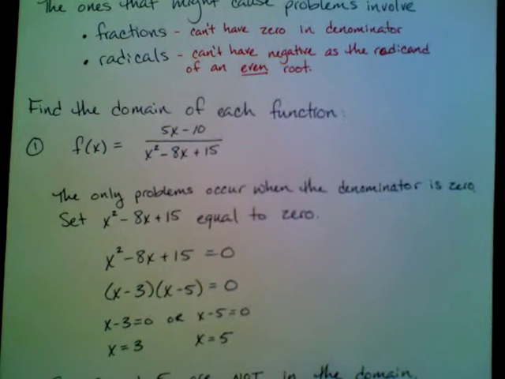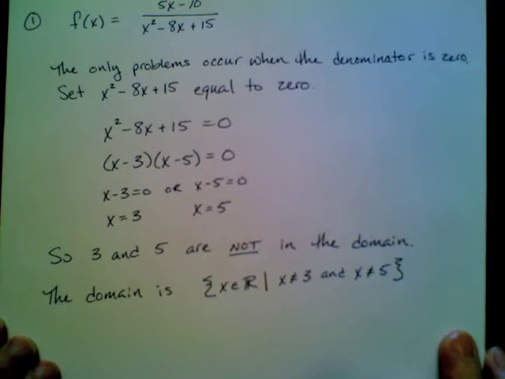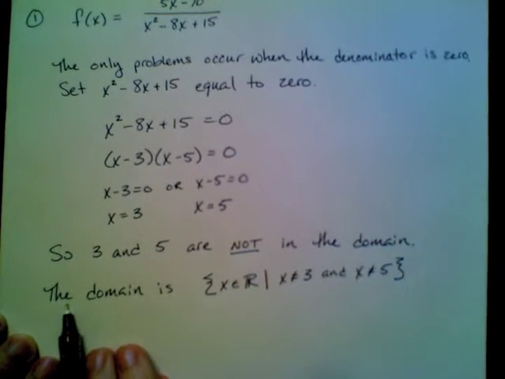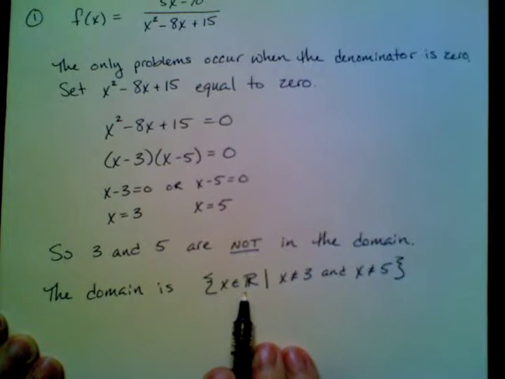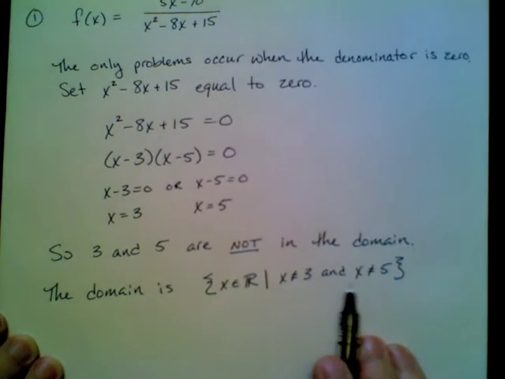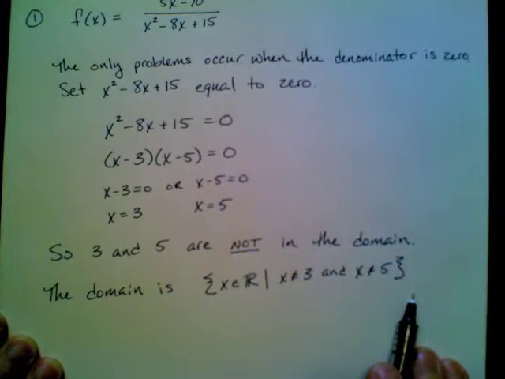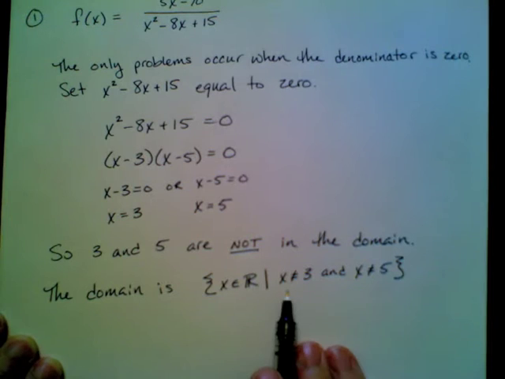That is one way of expressing this domain. Oh, I can't believe I wrote that out without you being on camera. So let me go over that again. The domain is all of the x's that are real numbers where x is not equal to 3 and x is not equal to 5. So that is all of my real numbers, taking those two numbers out.